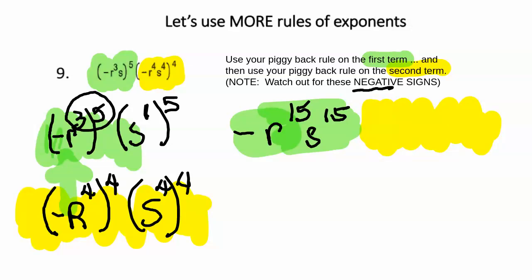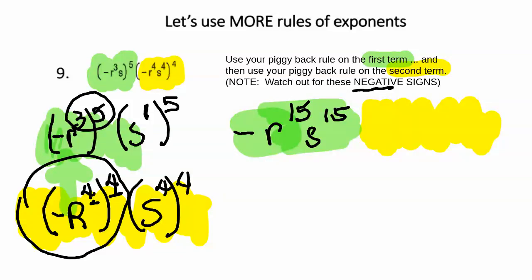Now, this one, 4 times 4 is a positive, because if you think negative 4 times negative 4 times negative 4 times negative 4 is giving you a positive.